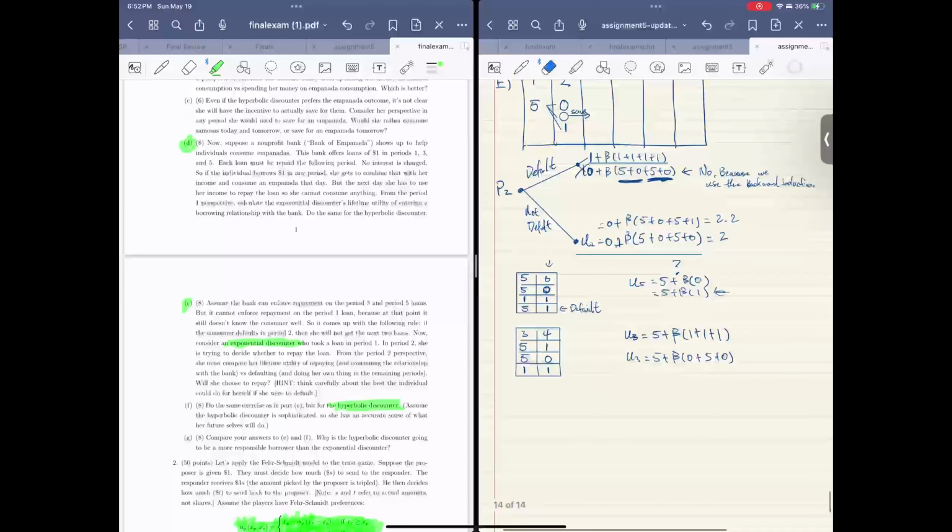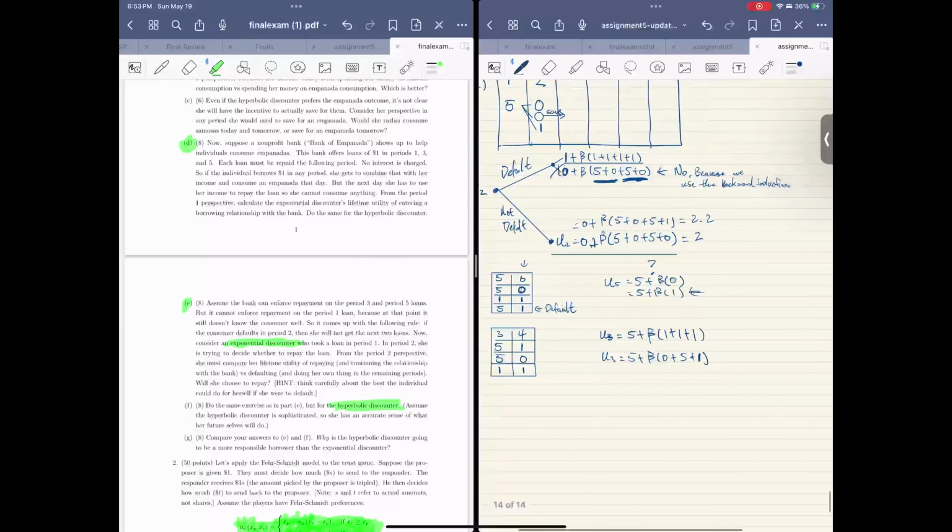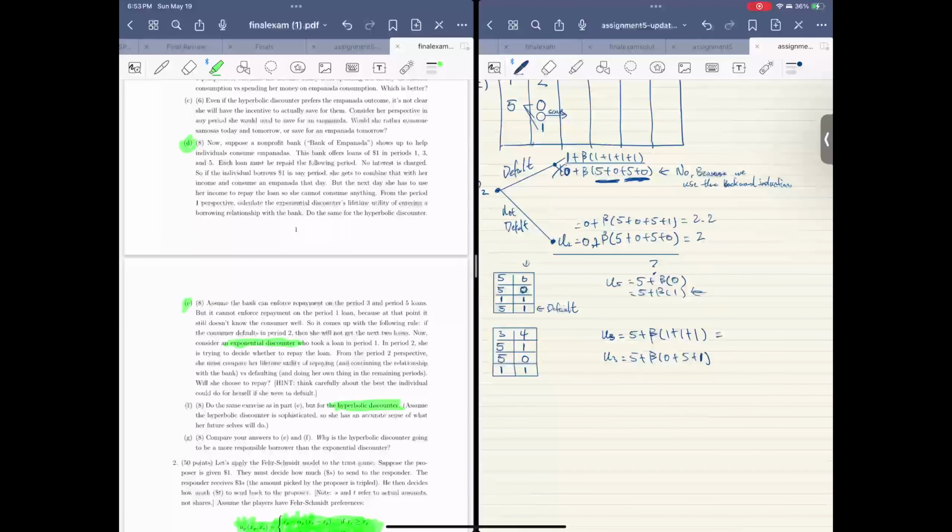But we know that this person, if it doesn't default, will default on the last day. So we compare their utility. We have 5 plus 3 out of 5, and we have 5 plus 6 out of 5.